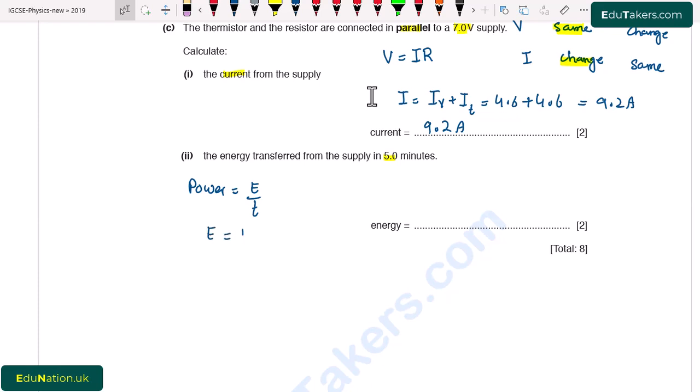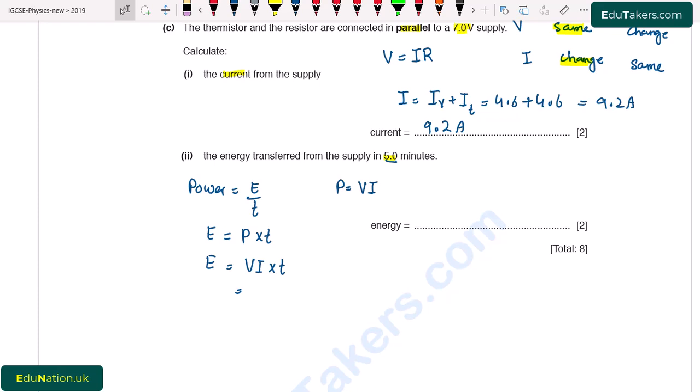It will be equal to P cross T. In this question we are given just time. We don't know the value of power. So we know that power is the product of potential difference and current. So I write here energy will be equal to VI cross T.